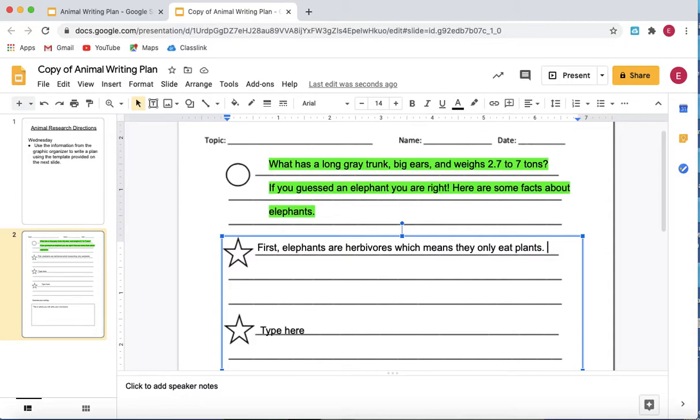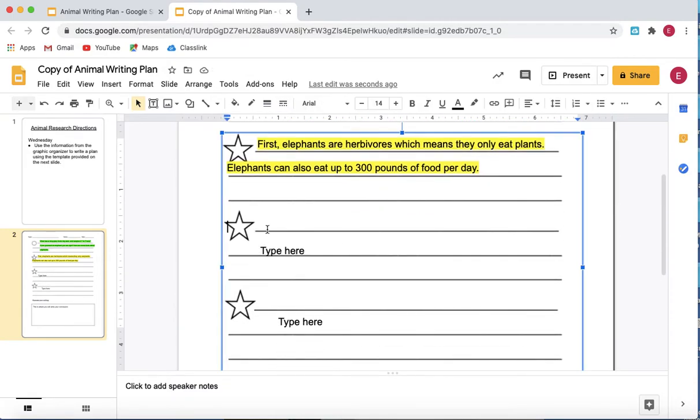So I'm going to write, elephants can also eat up to 300 pounds of food per day. That's a lot of food. All right, then I'm going to highlight this yellow because I know our stars are always yellow.